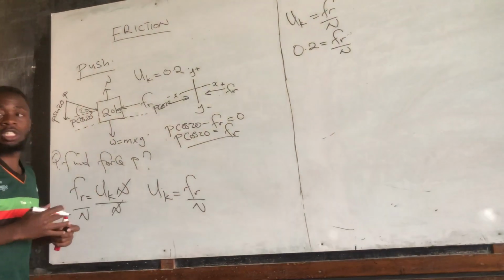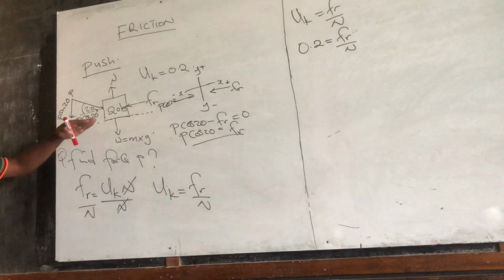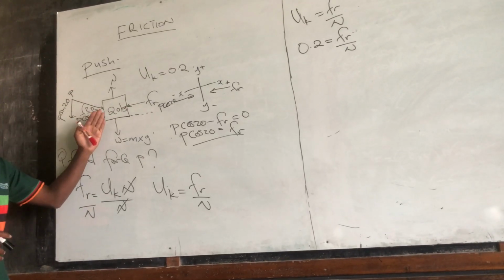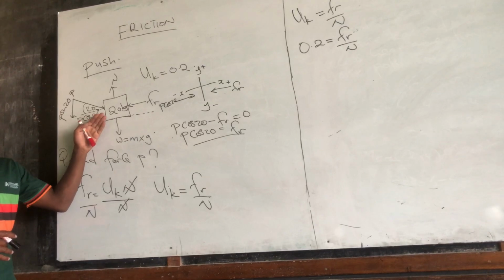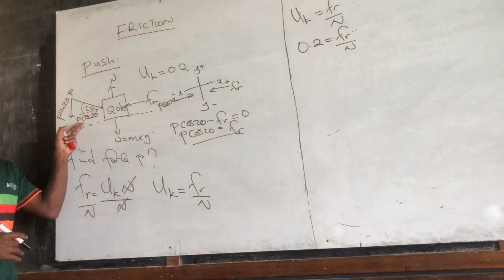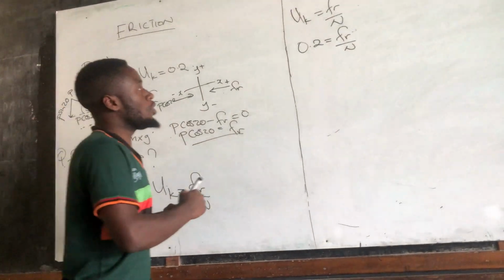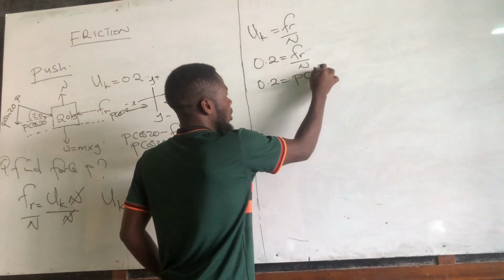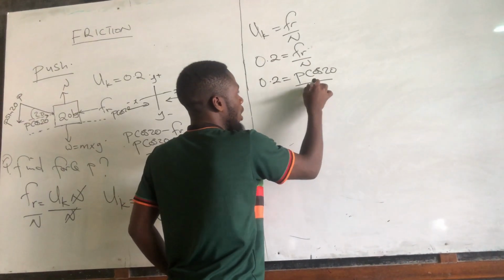So these forces are equal to each other. When you just have two forces in the horizontal or in the vertical, and they are facing different directions, just know that they are equal to each other. So in this case, the frictional force equals P cos 20. So we say 0.2 is equal to P cos 20 over the normal force.